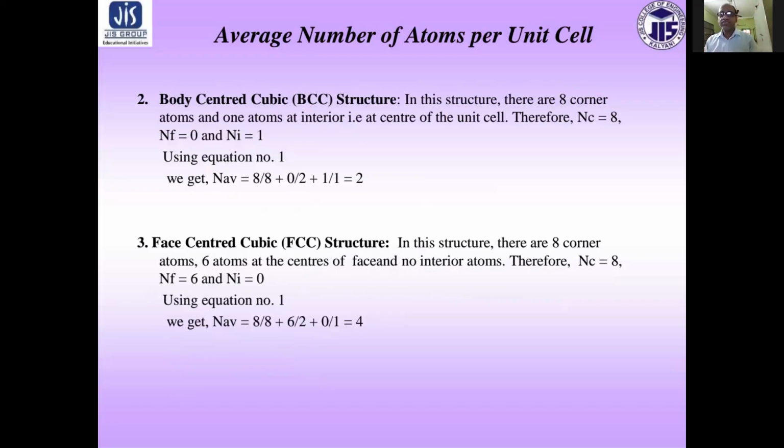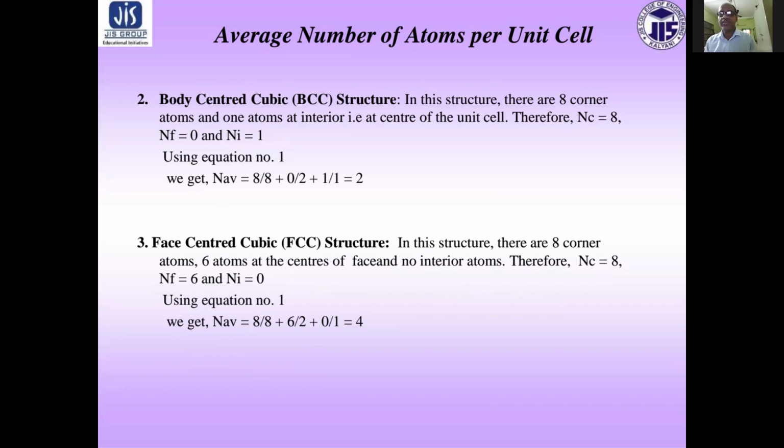Next is the body-centered cubic structure, that is the BCC structure. In this structure, there are 8 corner atoms and 1 atom at the interior, that is at the center of the unit cell. Therefore NC equals 8, there is no face atom, that is 0, and the interior atom equals 1. Using the above equation, we get an average of 2.